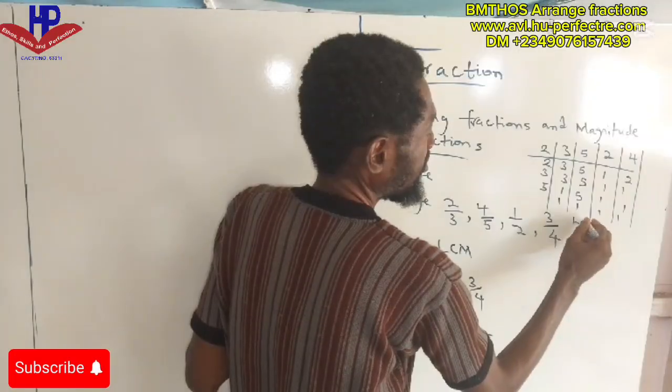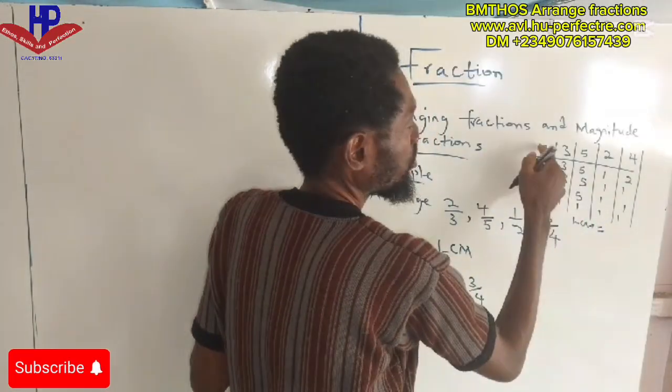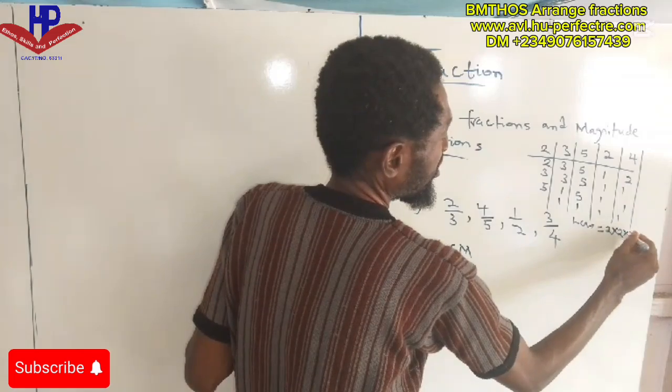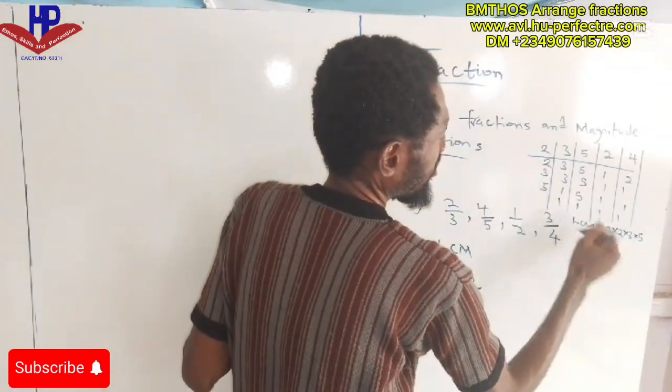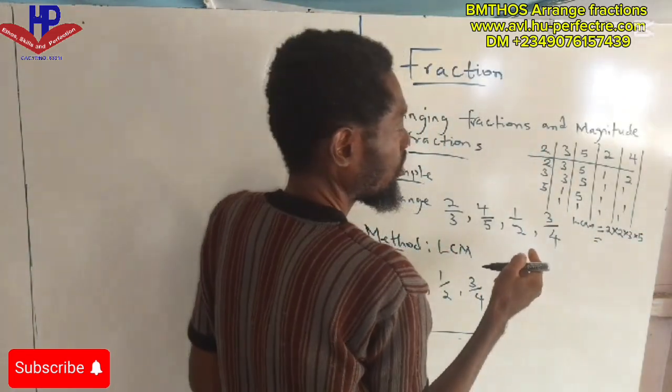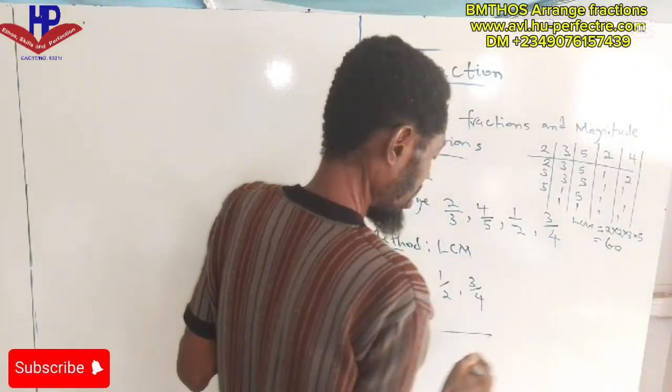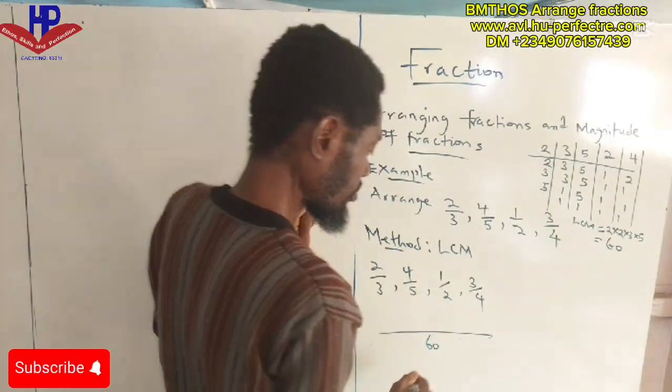So our LCM will be equal to 2 times 2 times 3 times 5. 2 times 2 is 4. 4 times 3 is 12. 12 times 5 is 60. So our LCM is 60.